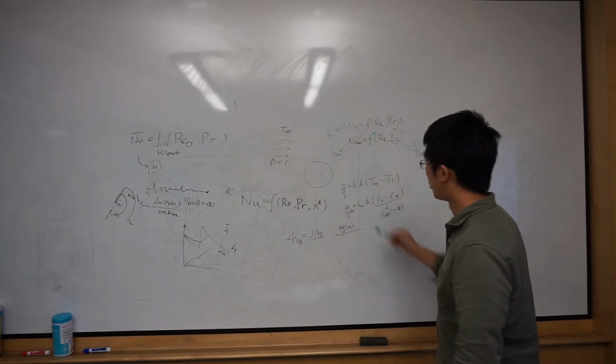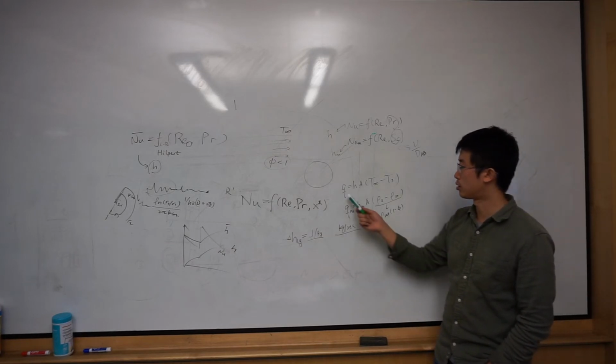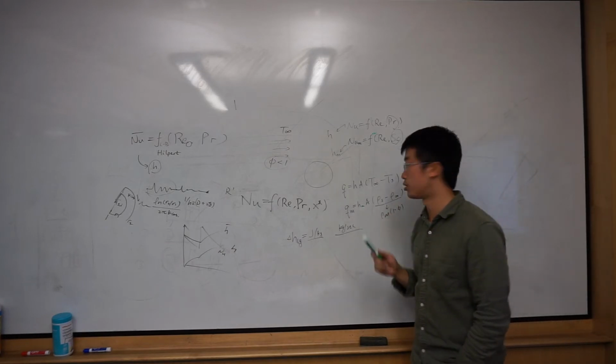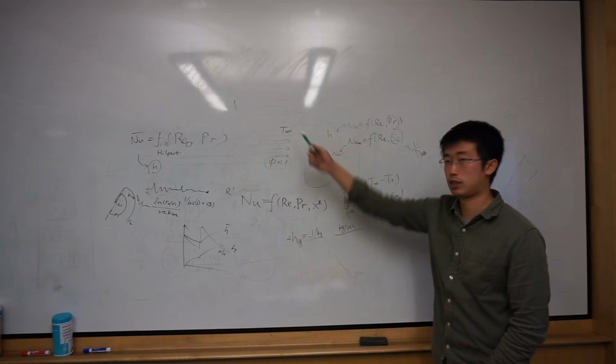How? First, as we know, we can write down Q equals hA times the temperature difference. I write T infinity first because it's hot air.